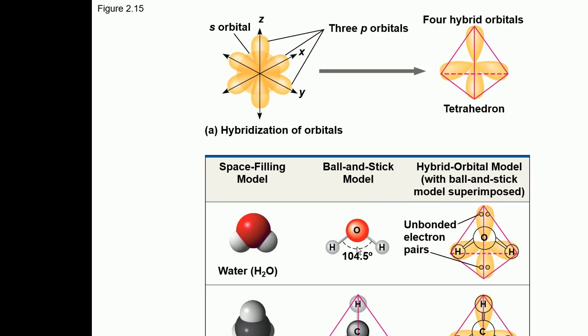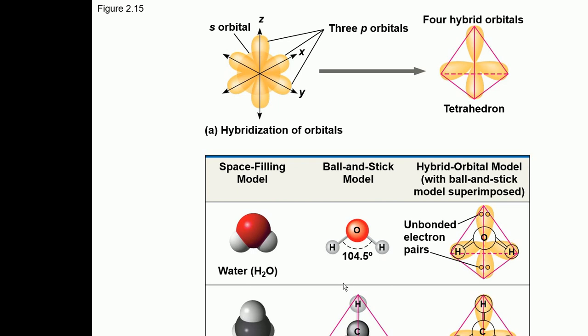You can see here, this is water, and these are the hybrid orbitals of the oxygen. These hybrid orbitals then bond with the hydrogen, and the water gets this kind of V shape.